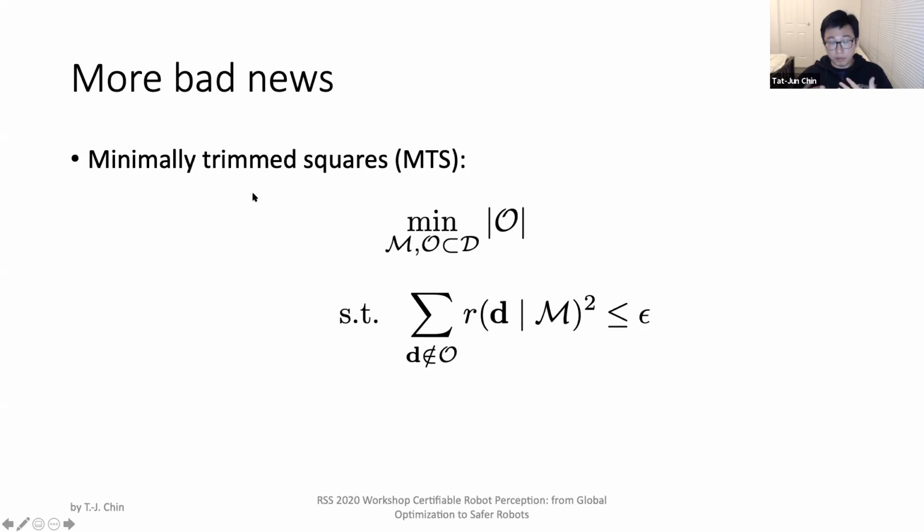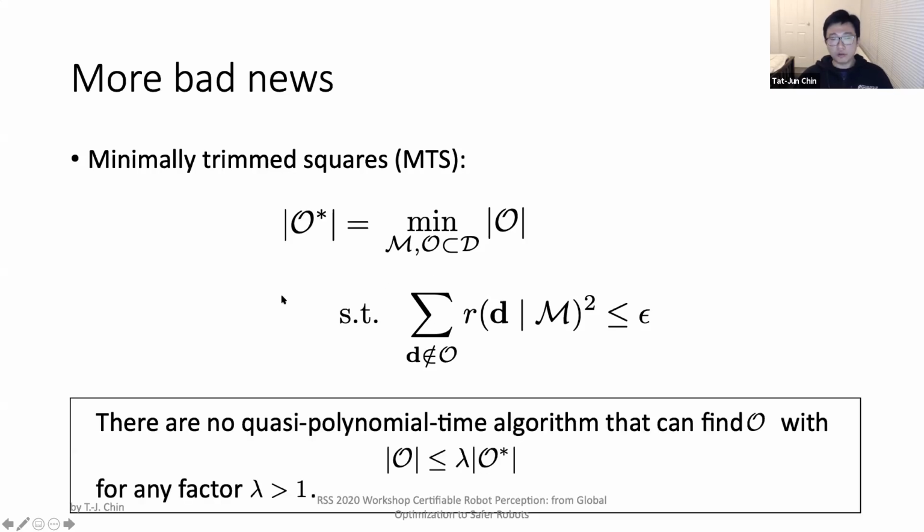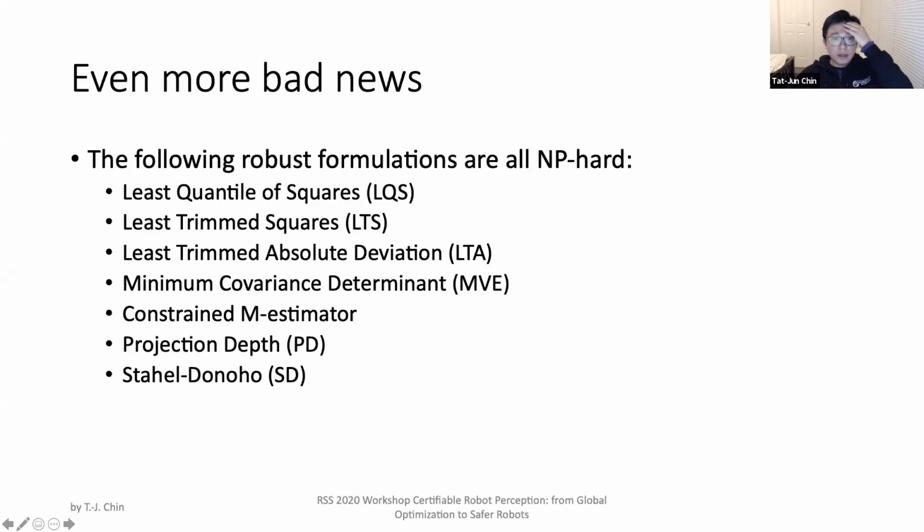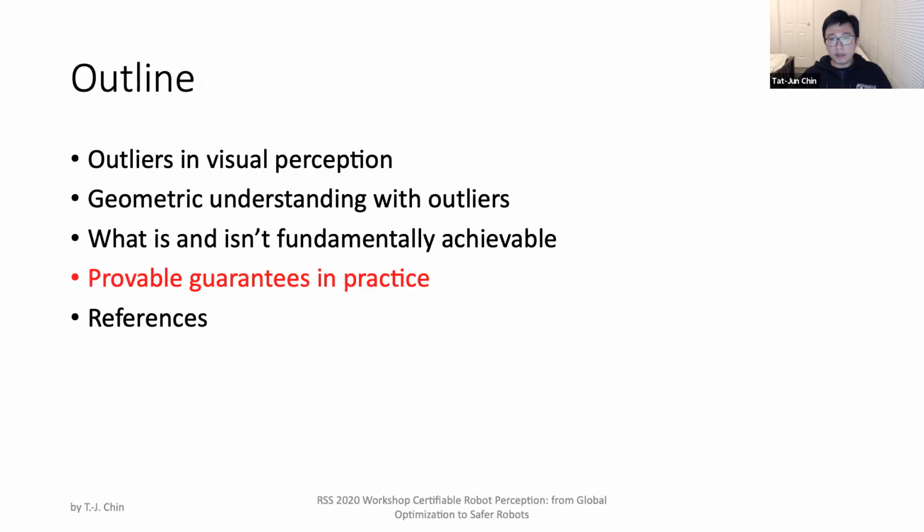So this is the least trimmed squares formulation for robust geometric understanding with outliers. You can also show that there are no quasi-polynomial time algorithms that can find a solution within a factor lambda of the optimal solution. And these are all robust formulations that have been proposed in the statistical community, and it's provable these are all NP hard.